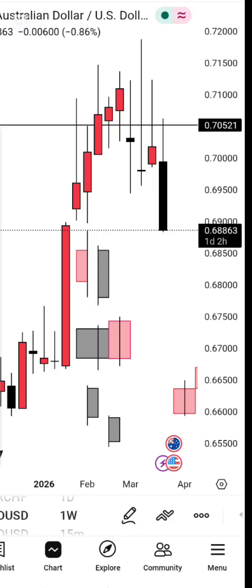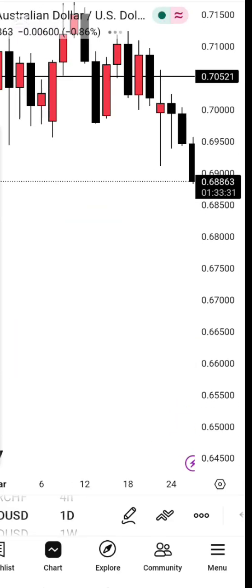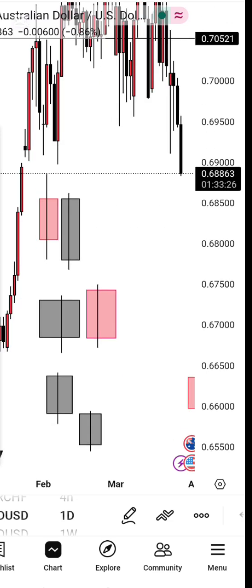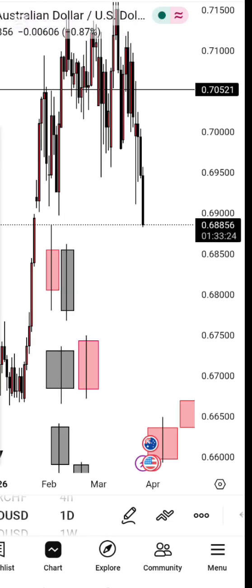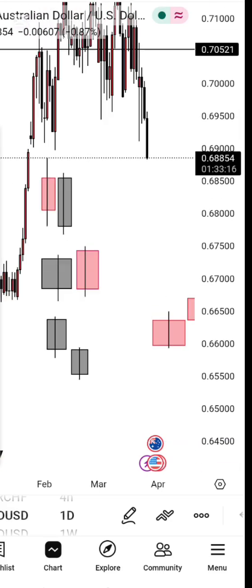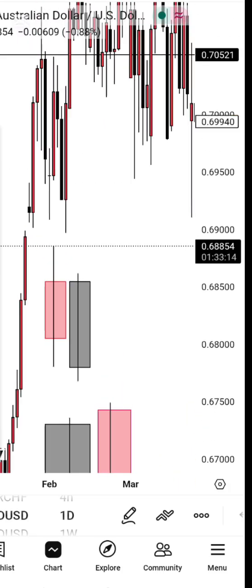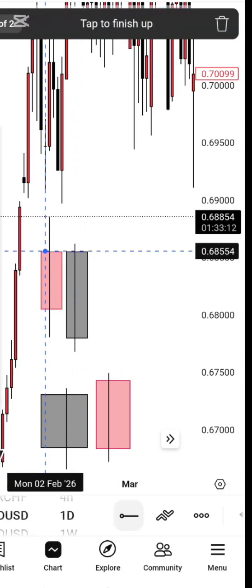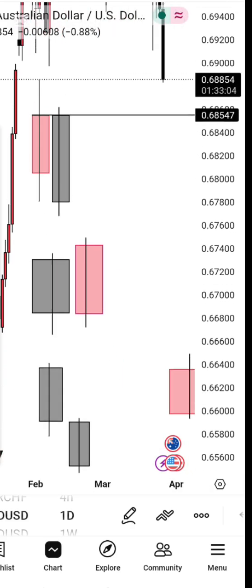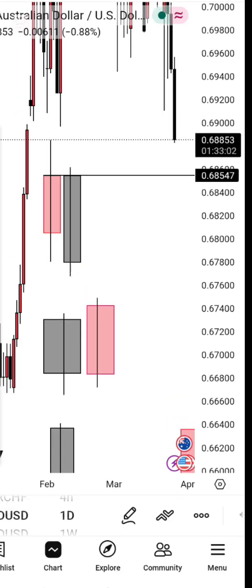But just before I go into that, so you can understand what I'm talking about, there are various kinds of key levels. We have the MSNR, and they're basically of two types. Number one is the support and resistance key levels, and the other is the open and close key levels. So a support and resistance key level, for example, this would be a resistance key level, is basically formed where there are two opposite candlesticks.